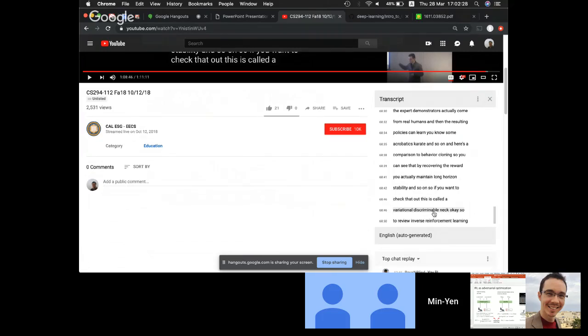How many of you agree that this reward function is actually coming from the discriminator? Do you agree with that? If you remember, this psi is the R of psi.